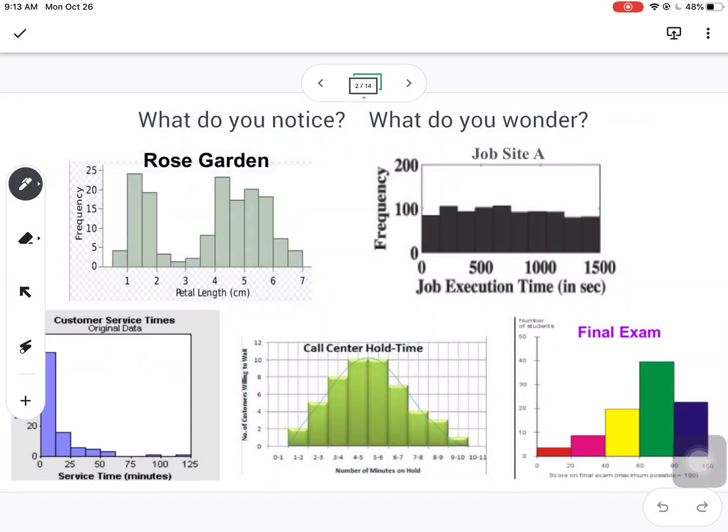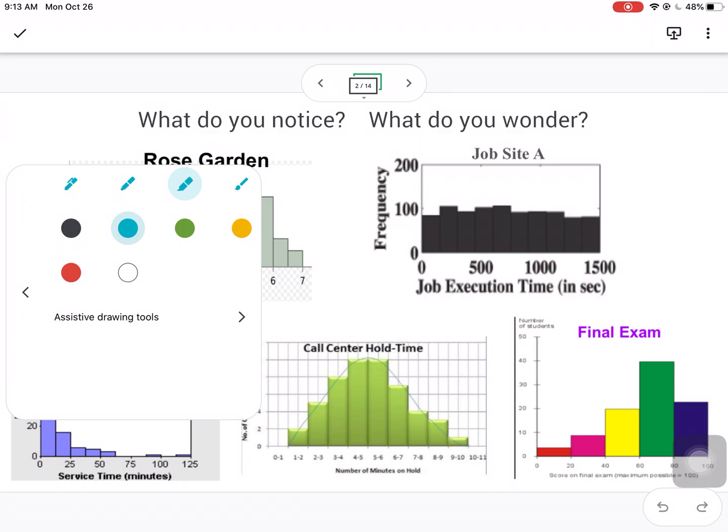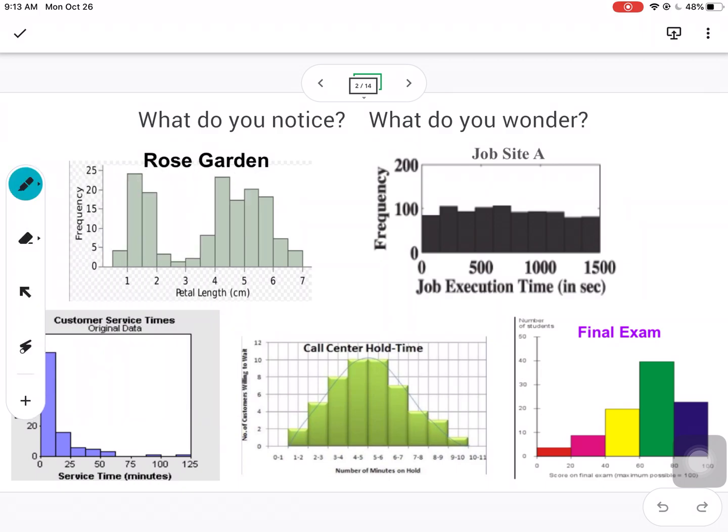So the first thing I want you to do is take a look at this, and you want to pause the video. Think about what you notice about these histograms and what you wonder. So I'm going to take my pen and kind of draw over these histograms.